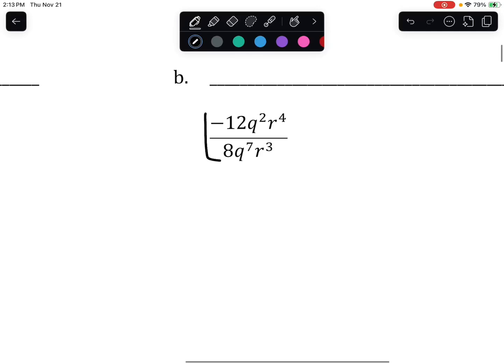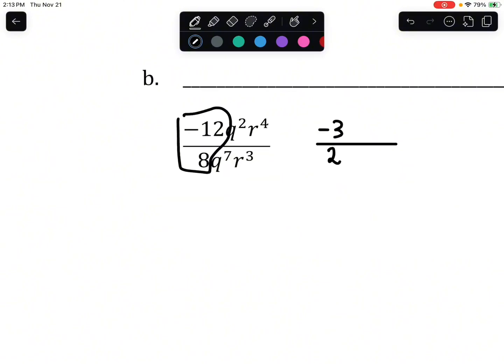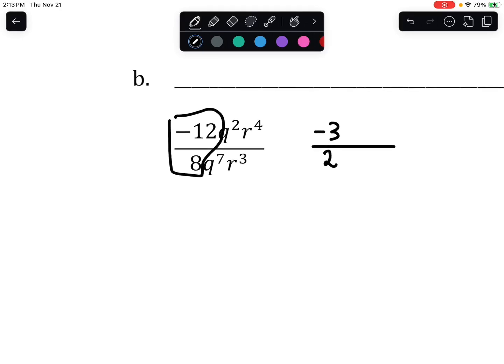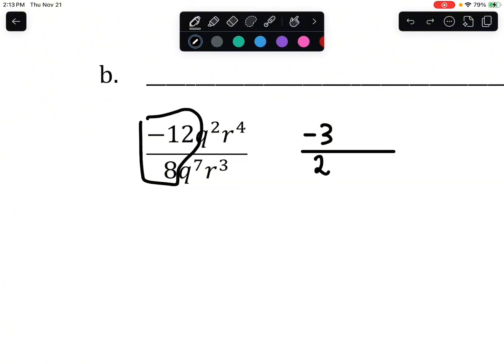Here we would divide our coefficients first, and so negative 12 over 8 simplifies to negative 3 over 2. And then I'm going to go ahead and use the rule of subtraction. You could probably envision that we're going to have 5 copies of q on bottom, since there's 7 on bottom, 2 on top. But when we start working with fractions, that's not going to be readily obvious to you.